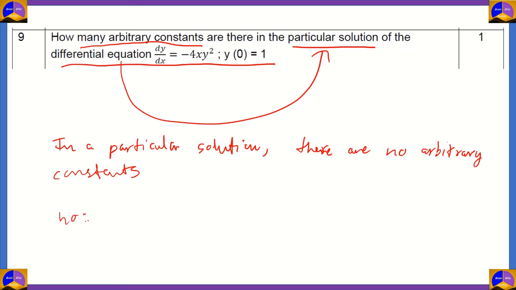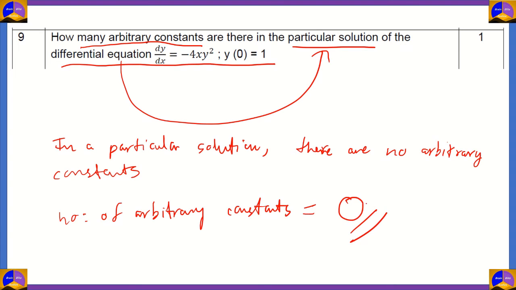So the number of arbitrary constants for this function, which has a particular solution, is equal to 0. So the number of arbitrary constants here is 0.